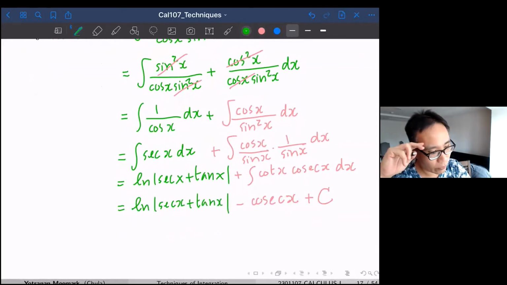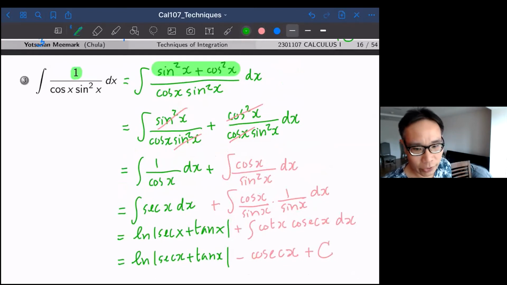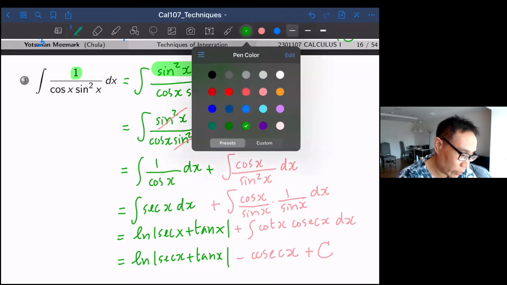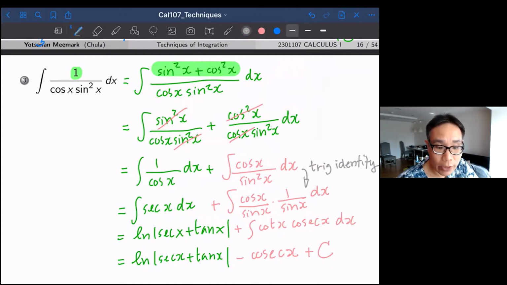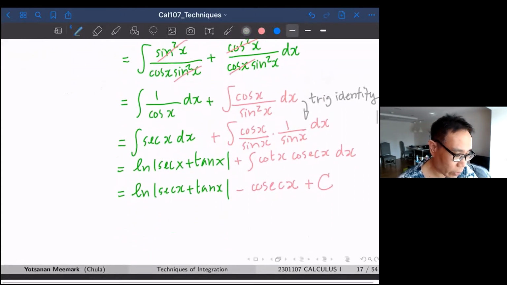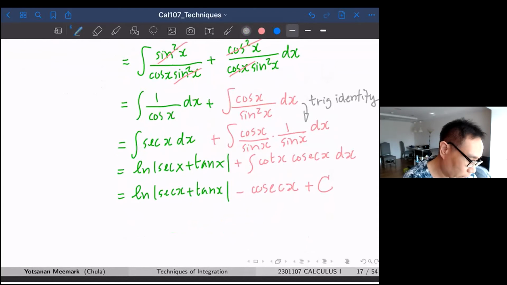So this one will be just a trig identity. From here to here is just a trig identity. If you do not use a trig identity, you can use substitution.